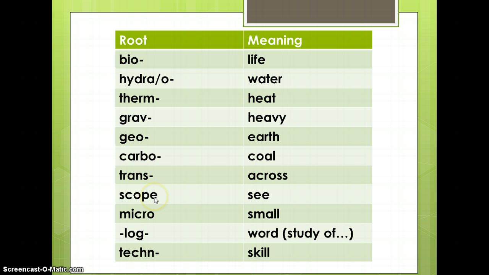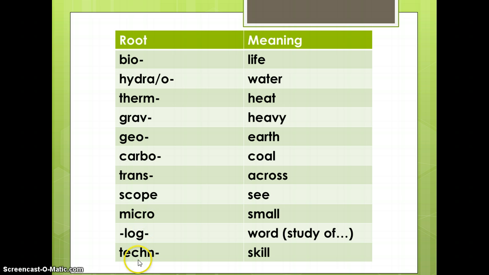The word scope has to do with seeing, telescope. We can see something. Micro means very small. If we put together micro and scope, we get a microscope. Log comes from the word, but it's come to mean the study of. So if we have geology, it's the study of earth, or biology, the study of life.